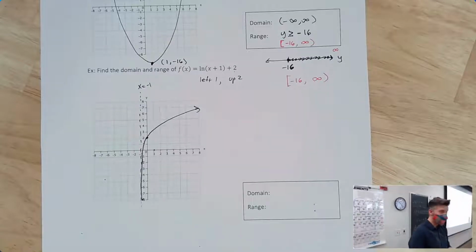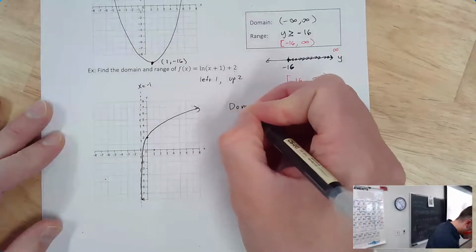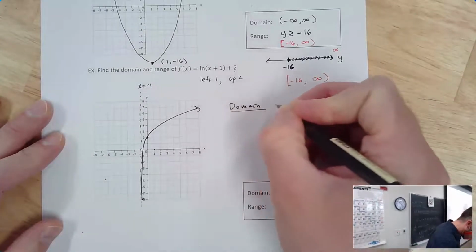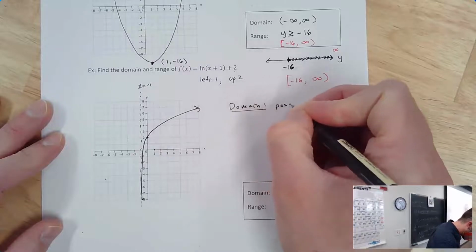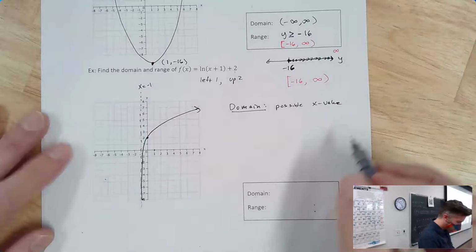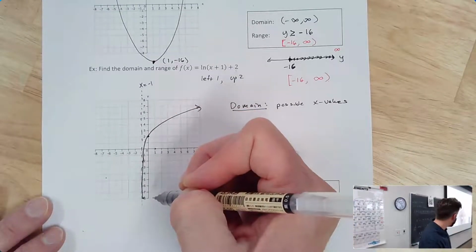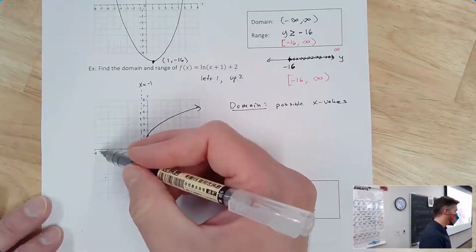All right, so domain. Right, domain is the possible x values. And just looking at the graph, we can see, well, x can't be negative 1. That's our vertical asymptote. And x isn't anything to the left of that either.